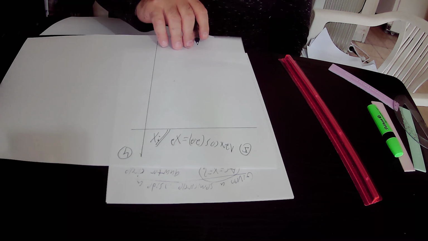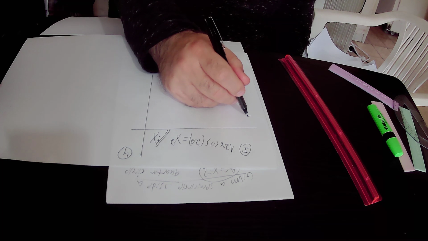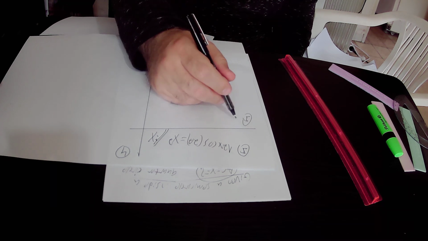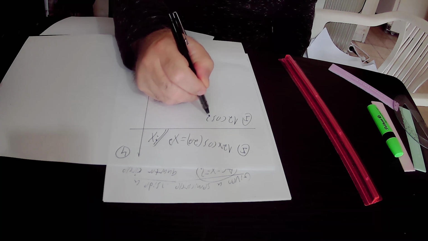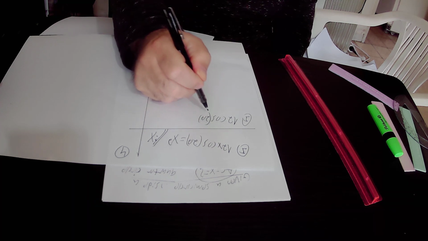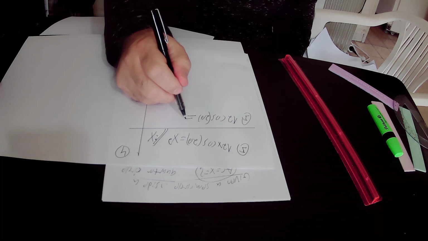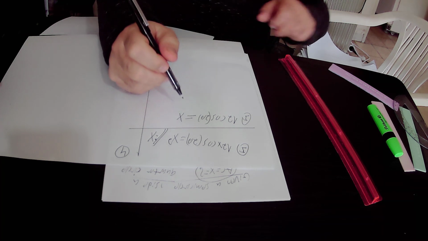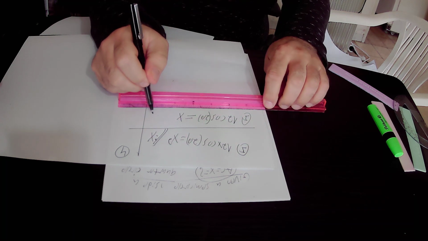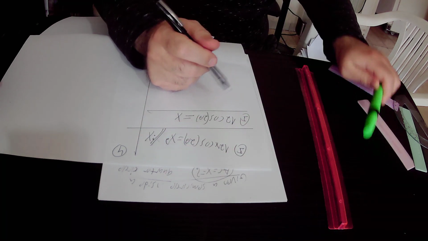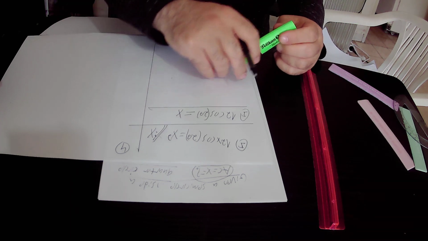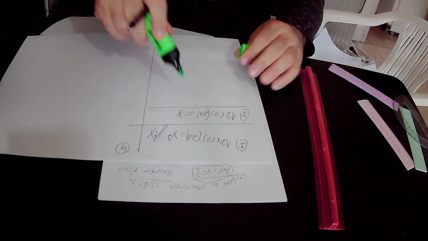So we divide this equation by x, and x will get cancelled, and we are left only with 12 times cosine 2 theta, that is equal to x squared over x, which is x. Okay? So according to equation number 1, 12 times cosine 2 theta equals x.